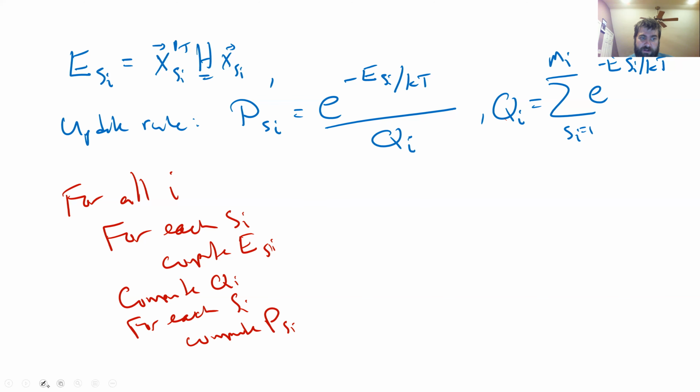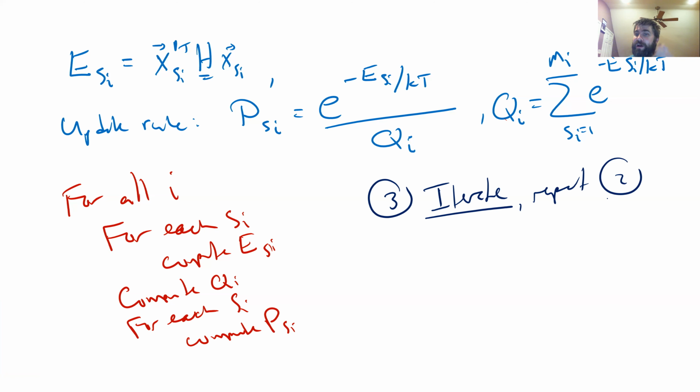And our third step of this algorithm, if it's even really considered to be a step, is to iterate, i.e., repeat step 2 until we reach some sort of convergence.